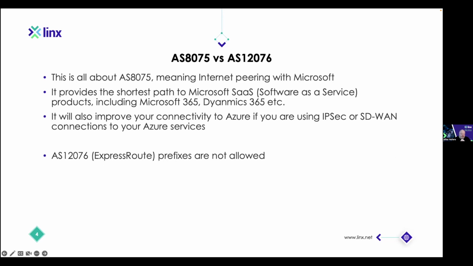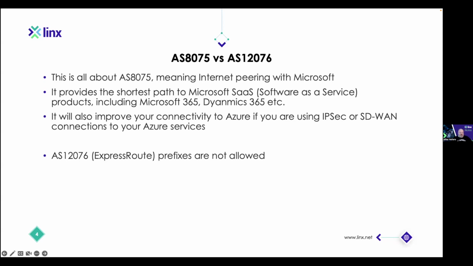If you are using Azure public cloud services, and you don't have a direct layer 2 connection into Azure, i.e. ExpressRoute, but you're using an IPsec tunnel or even SD-WAN connections into Azure, this can still be of use, since that traffic would pass through the public-facing network of Microsoft, AS 8075, and then within your tunnels you would have your BGP sessions with 12076.